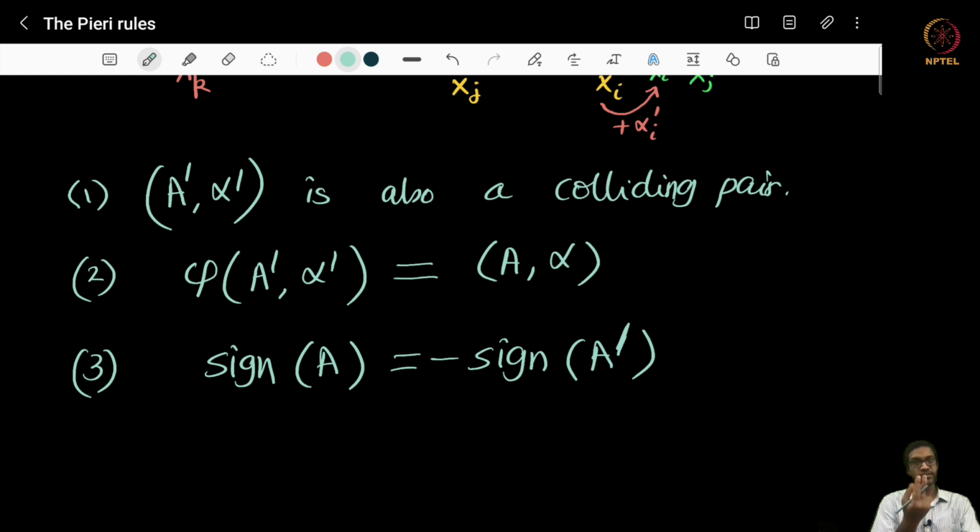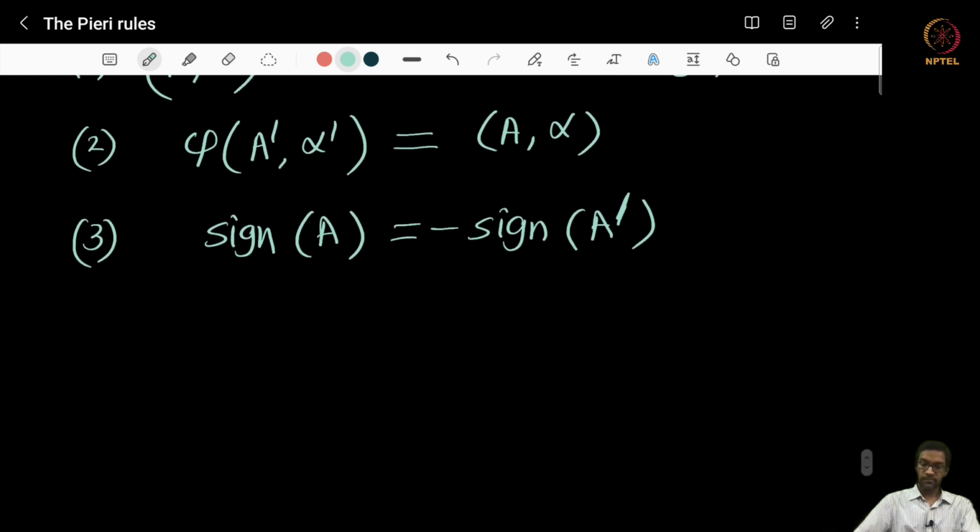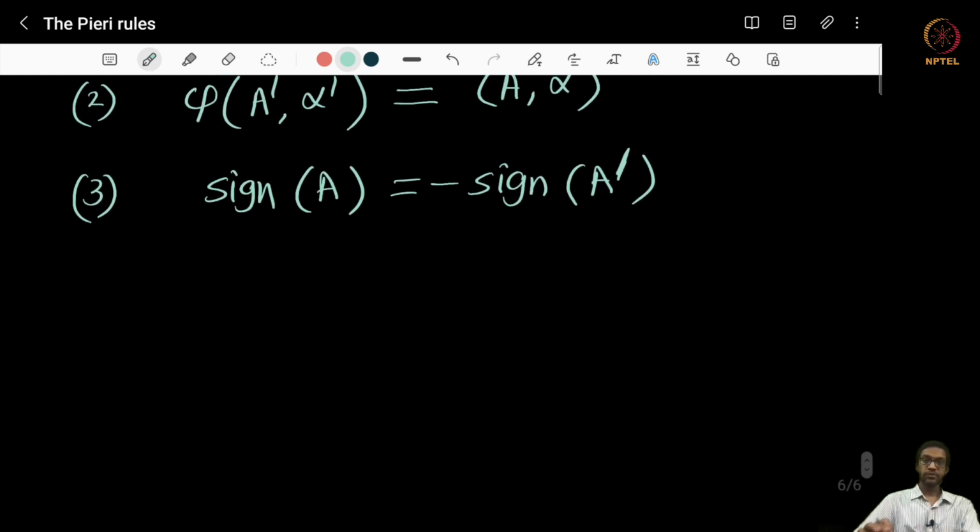Here I'm just interchanging one pair, and so of course the sign is going to become negative. So what does that do for me? It proves the observation that I made, that the sum over colliding pairs is going to give me a 0. This is the end of the proof of that beautiful observation.